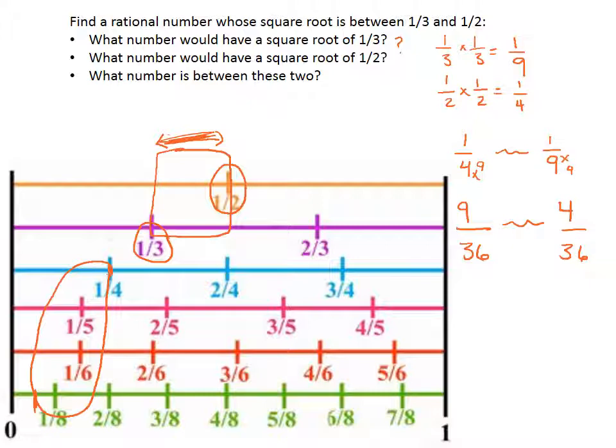4/36. So if I took this number line from 0 to 1, and I chopped it into 36 bits, approximately, we'd be going from 4/36, right about here, to 9/36, right about here.